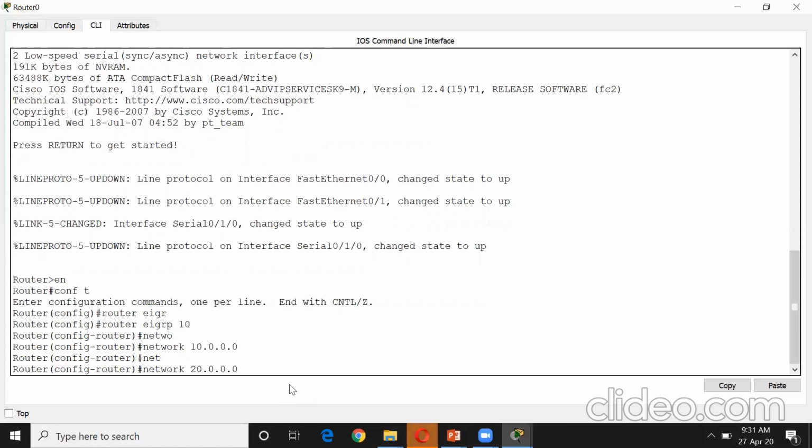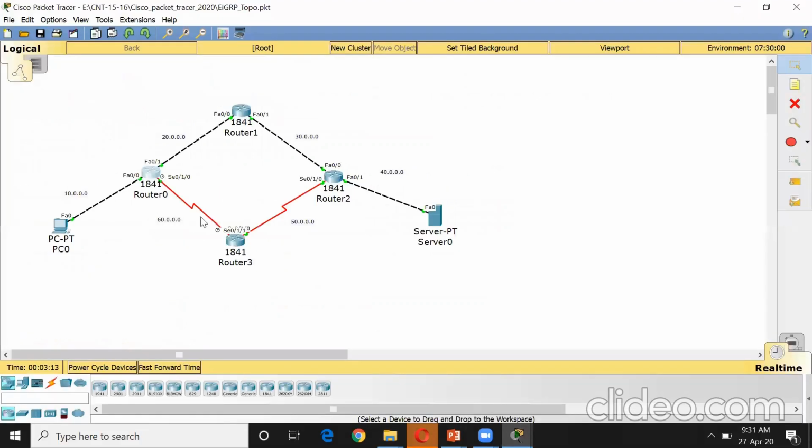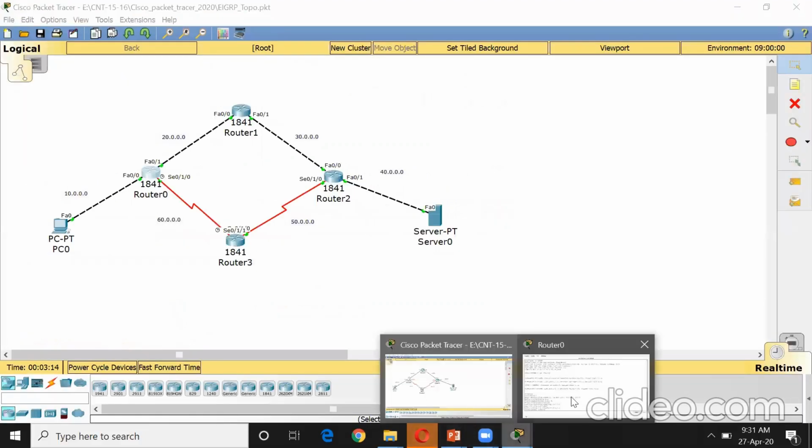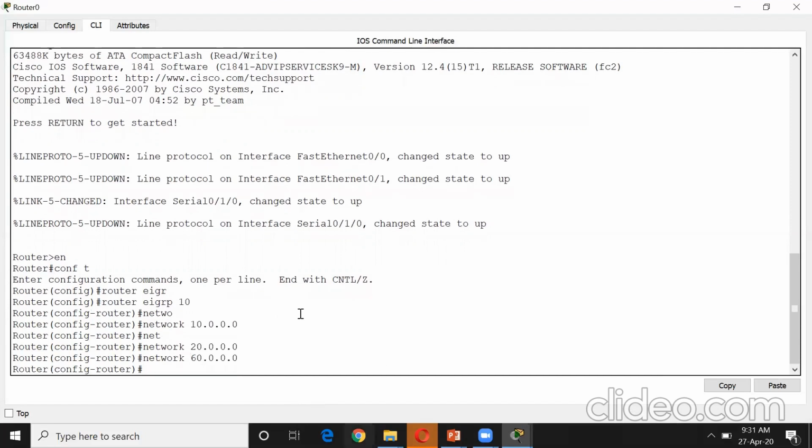So that is next network. Next is which is directly connected, that is 10, 20 and 60. So we can add network 60. So here we have added three networks, 10, 20 and 60. Now next task is, after addition of that network, just come out from that.